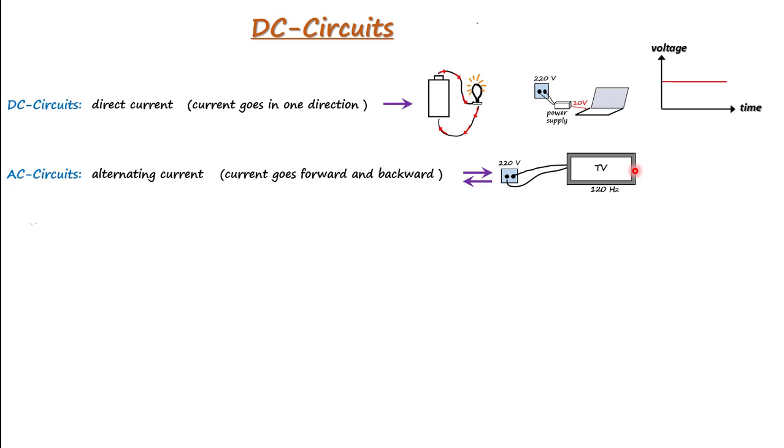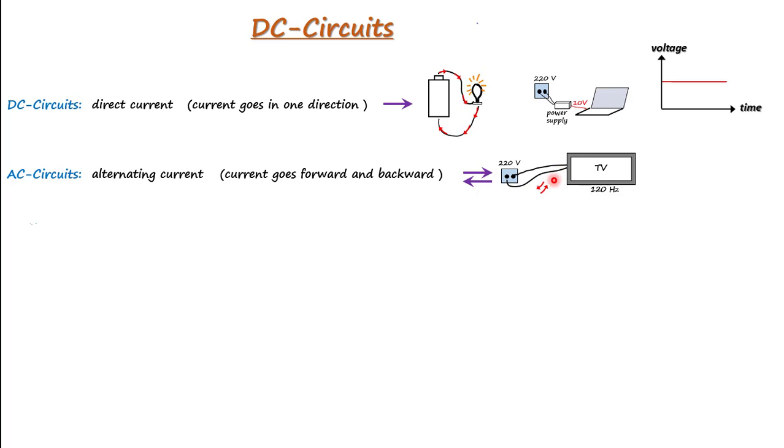What I mean is, if you have a 120 Hz TV, for example, and you consider this little section of the wire, you could see electrons moving in one way, they stop, and then go back the other way, and then they stop again, change direction, and go back the other way again.